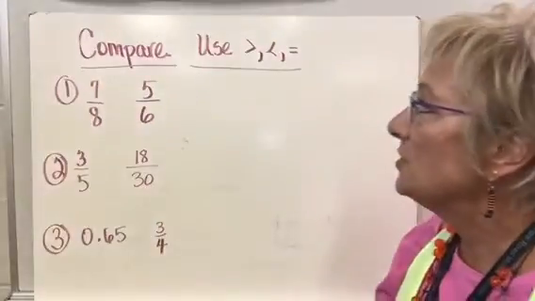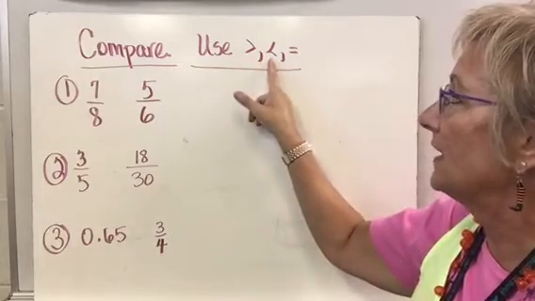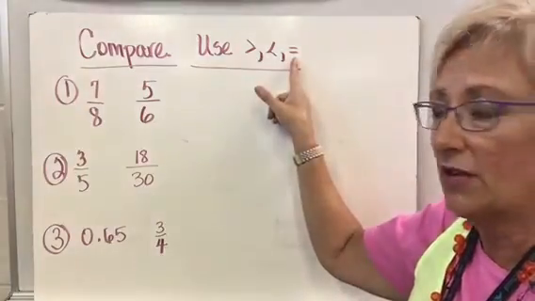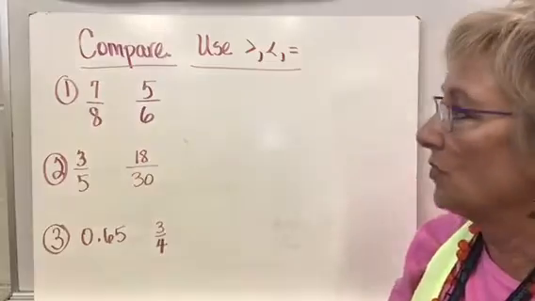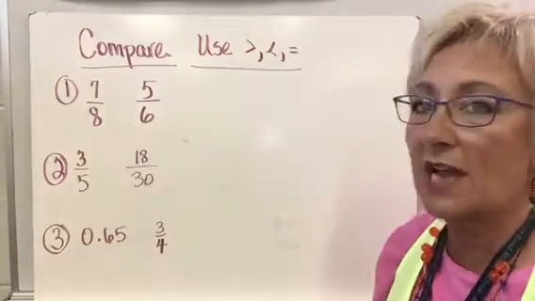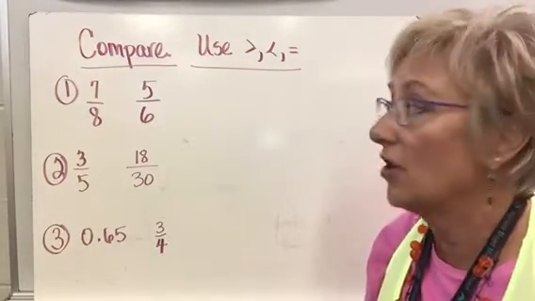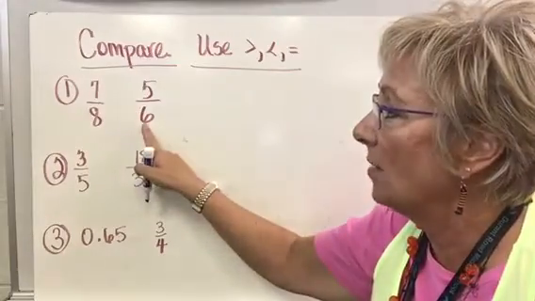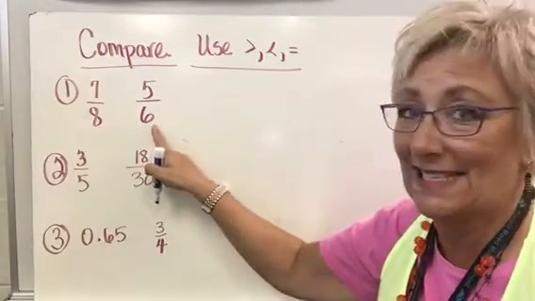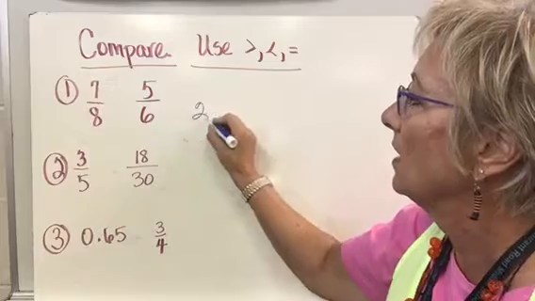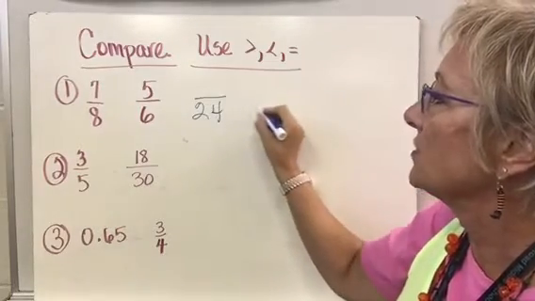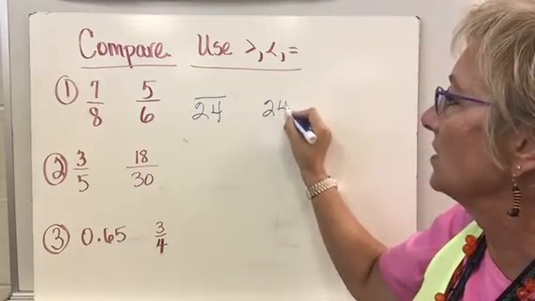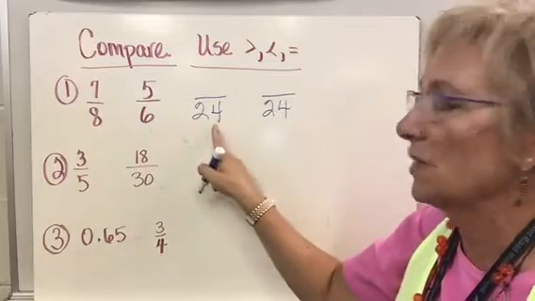All right, we're going to use the greater than, less than, and equal to sign here. Remember what I said: when you're looking at fractions, you have to have a common denominator. And I happen to know that the least common multiple between 8 and 6 is 24. So we're going to rename the equivalent fractions according to the common denominator of 24.